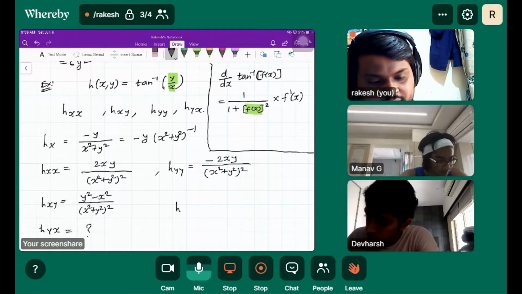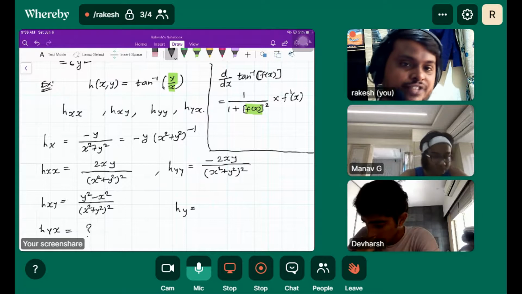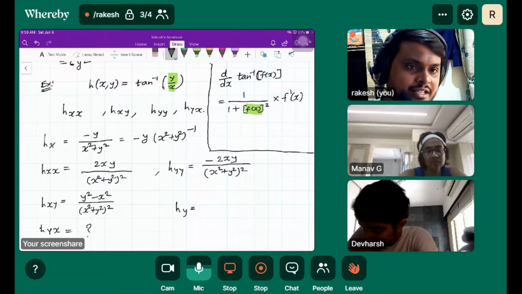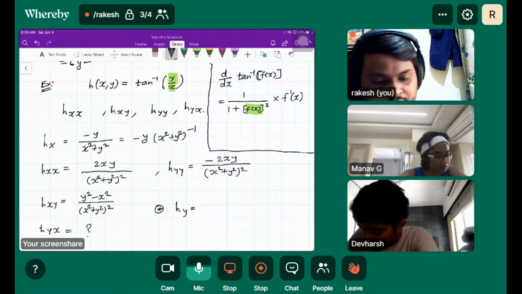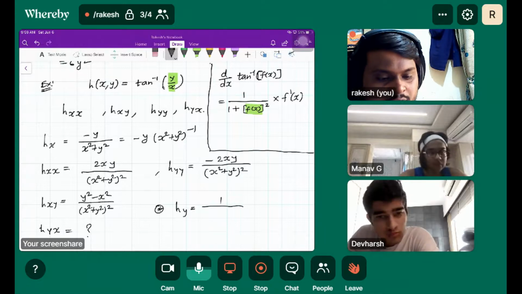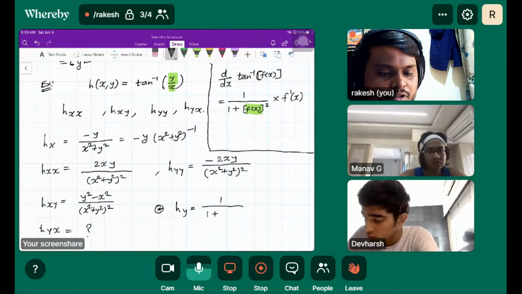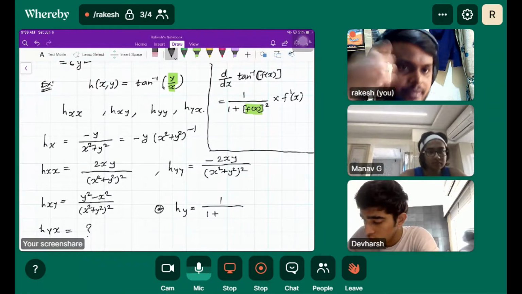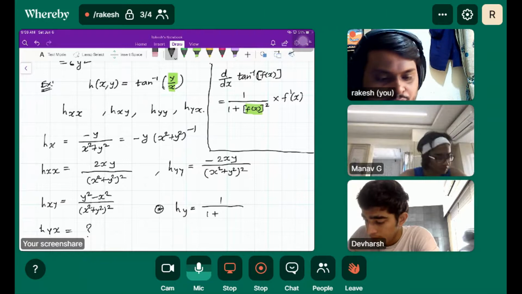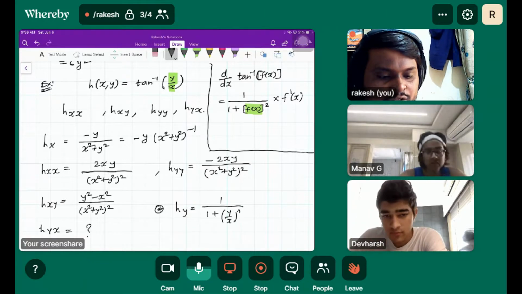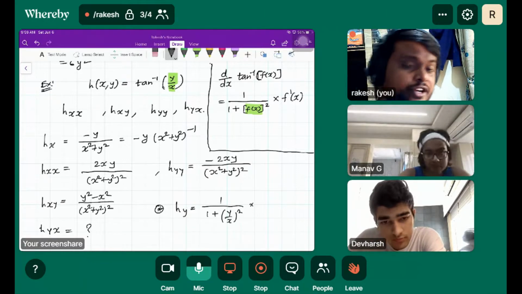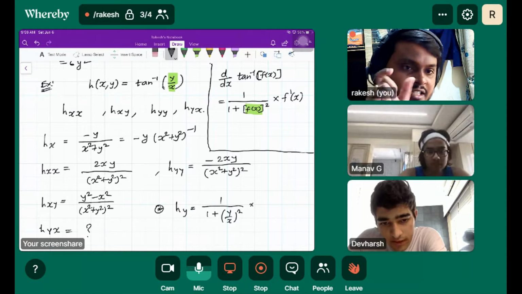If you are asking the derivative of h with respect to y, then that would be 1 over 1 plus y upon x the whole square into the derivative of y over x, because this is an implicit function and y itself is a variable here.